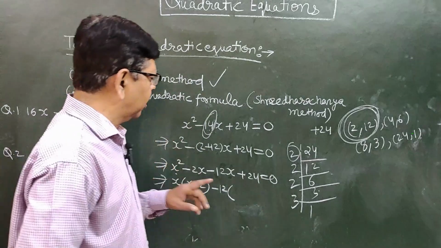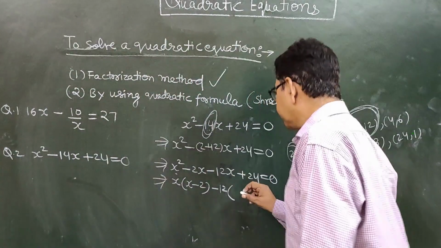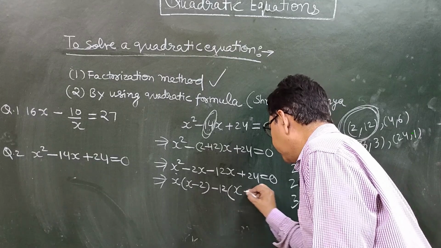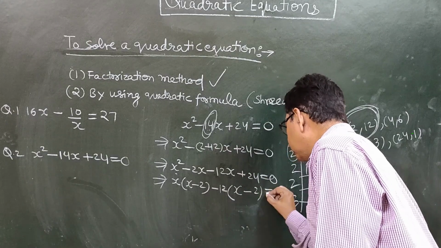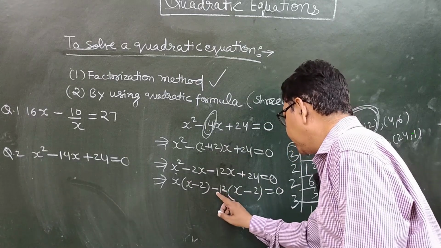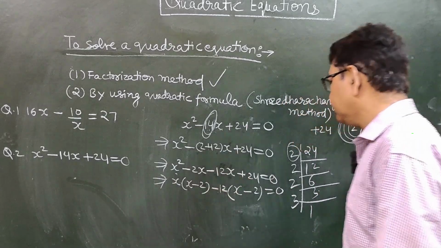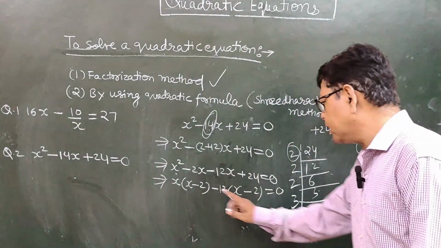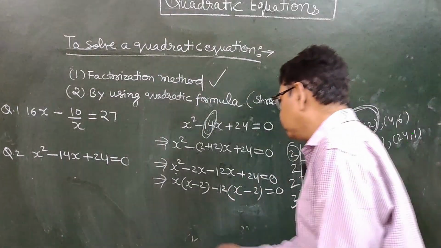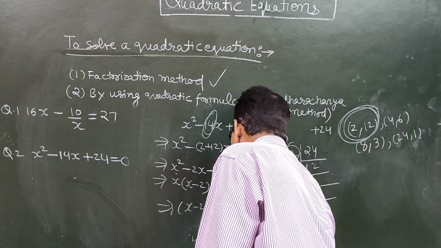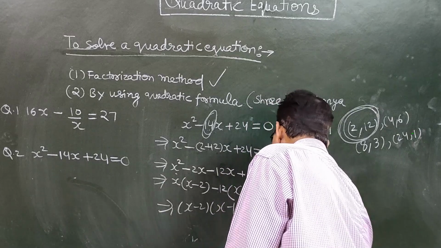If we take minus 12, then this term is x, and taking the minus sign, plus becomes minus 2, equal to 0. You can check here minus plus minus and minus into minus is plus. Now which factor is common? x minus 2. So x minus 2 into x minus 12 is equal to 0.